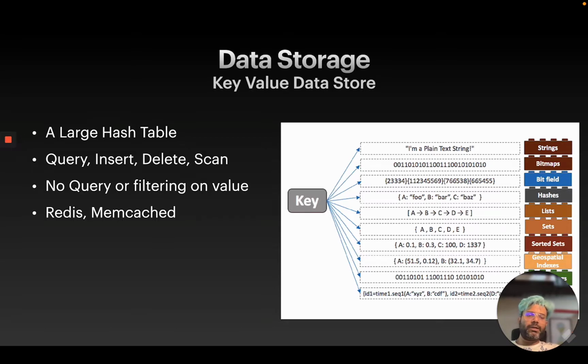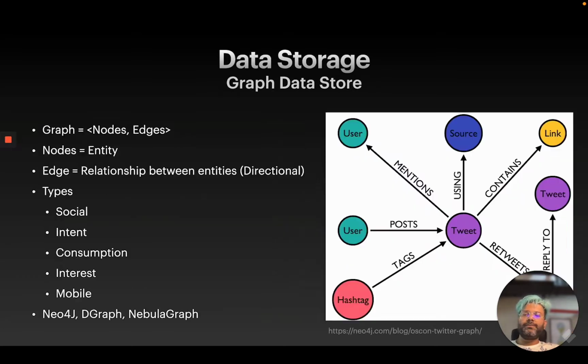It can be strings, bitmaps, lists, sets, or even geospatial indexes. The data store is not bothered about the nature of the data that you are storing in the value, because ultimately it is your application that is going to read and decode this value to make sense out of it. So that's how we end up using a key-value data store.